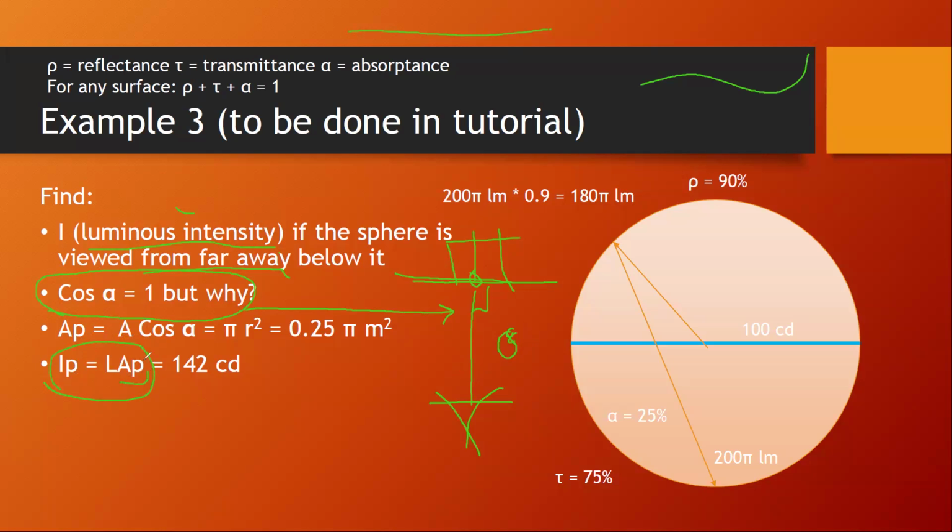And this equation has an AP, which is super simple. Plugging in the values P, R squared, and the cos alpha, which is 1. You multiply everything, you come up with this final answer. And once you have that, plug in the values, you get this 142 candela.